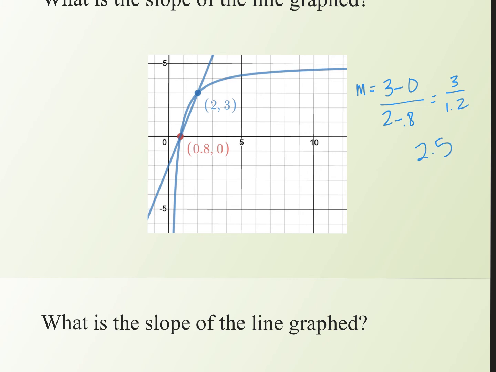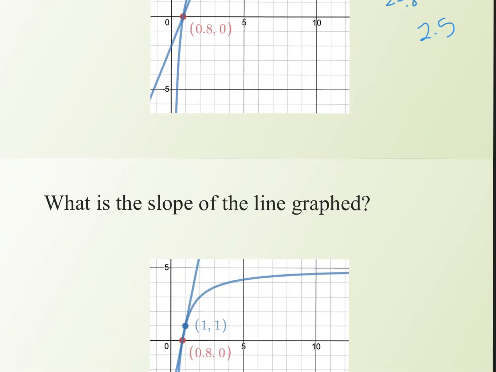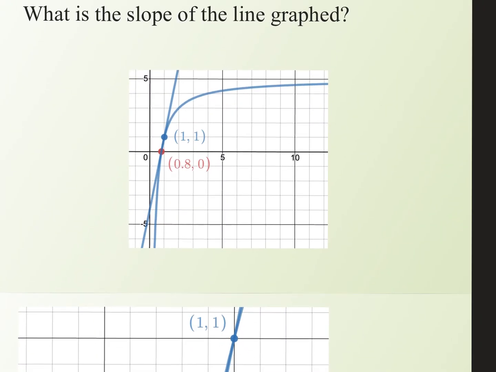All right, definitely getting closer. Okay, let's look how close they are now. This is really, really close. This slope would be 1 minus 0 over 1 minus 0.8, which is 1 over 0.2, which is 5.